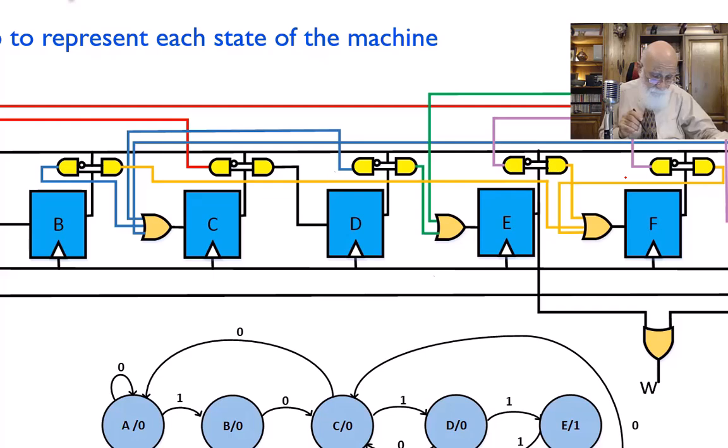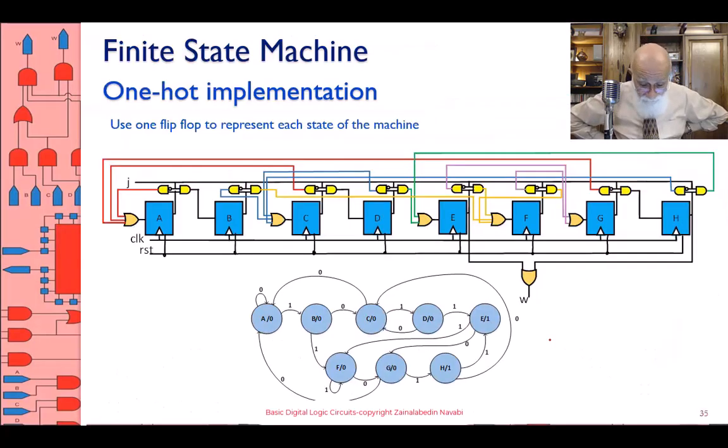And I don't need to go through the details of this because everything looks like the much smaller circuit. The state diagram obviously is different. The edges are different, but then the AND gates, the OR gates, they look the same. There are two differences here. One is the output. First of all, this is a Moore machine.